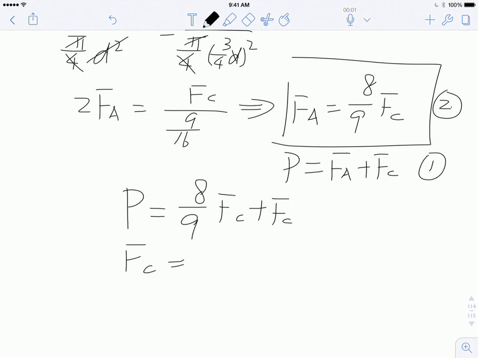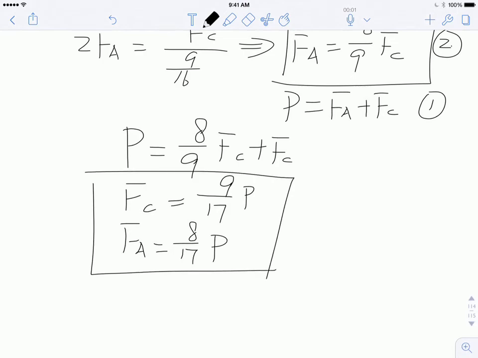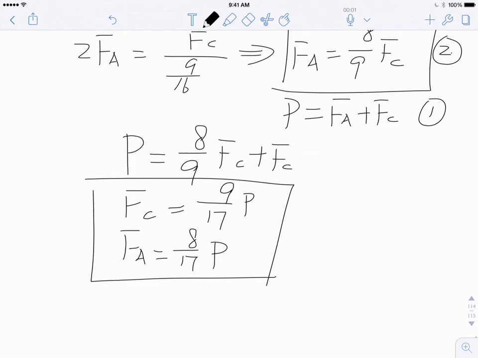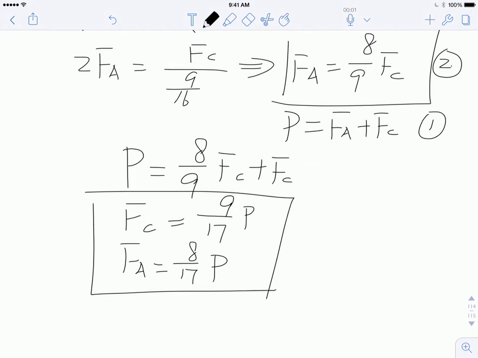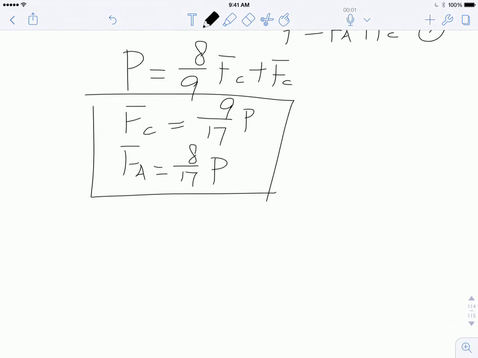So FC is 9 over 17 P, and FA is 8 over 17 P. Plug it back into 1, and this is our answer. It's very straightforward. Only equation 2 takes a little bit of time to get. That is how we solve it.